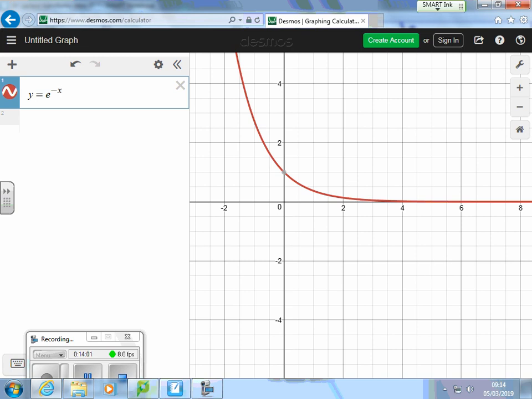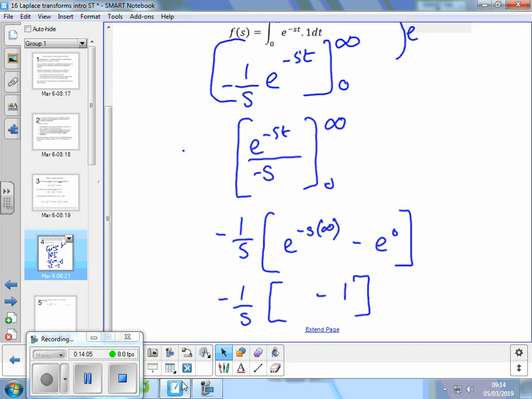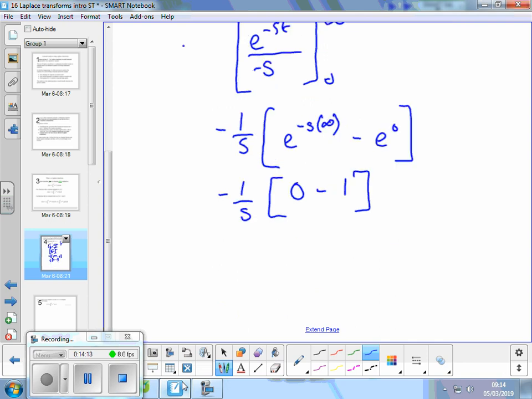Okay. So we've got 0 minus 1 in there. So that bit in the brackets is minus 1. So the answer must be 1 over s. Yeah.